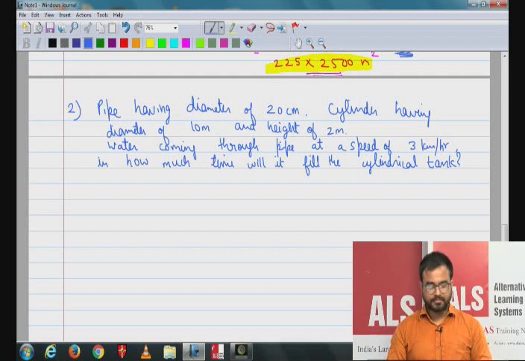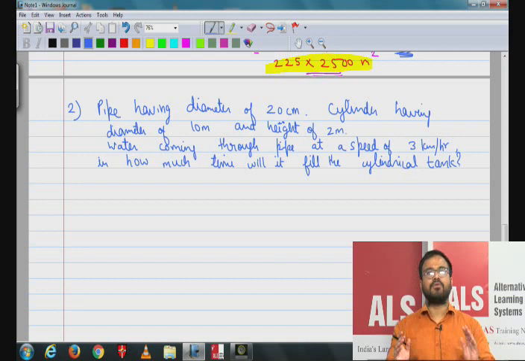Okay. So all of you, this question is based on the same type. It says there is a pipe having a diameter of 20 centimeter, and a cylinder having a diameter of 10 meter and height of 2 meter. Water is coming through the pipe at a speed of 3 km per hour. In how much time will it fill the cylindrical tank?